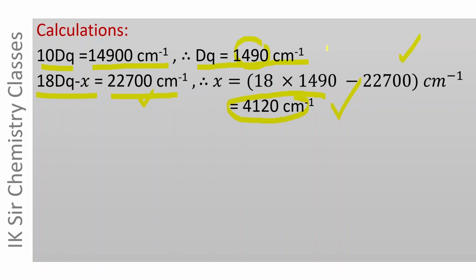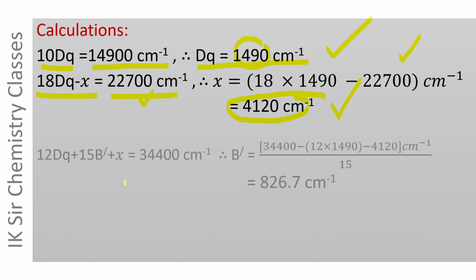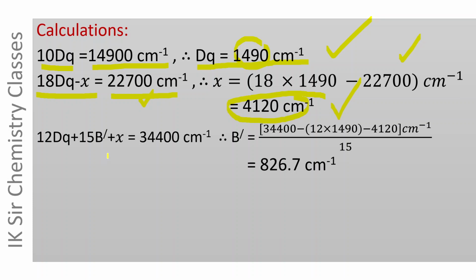We have calculated two terms, Dq and x. And now the third transition requires energy equal to 12 Dq plus 15B' plus x, and it is observed at 34,400 cm⁻¹, and on solving it we get B' equal to 826.7 cm⁻¹.